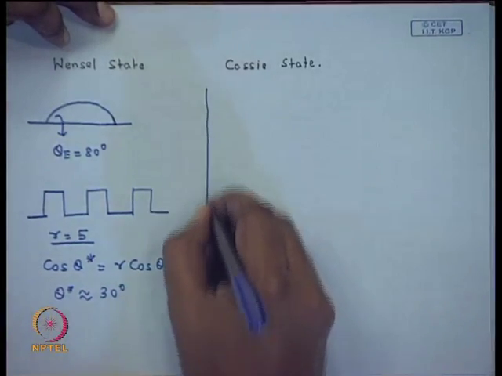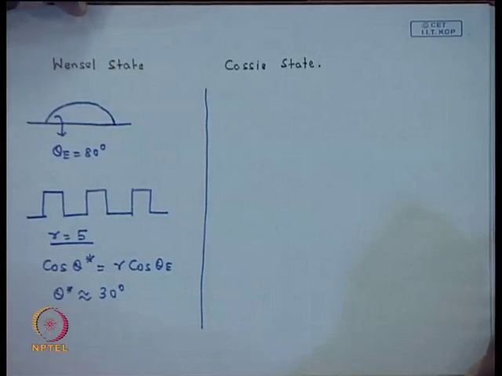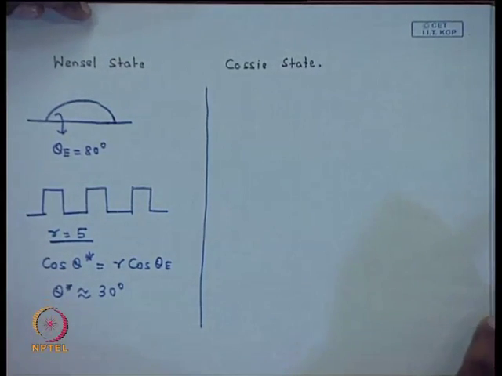So, instead of achieving a higher contact angle, this example shows that in the Wenzel state, if you have a rough surface and the equilibrium contact angle on the smooth surface is less than 90 degrees, you actually reduce the contact angle and favor spreading.